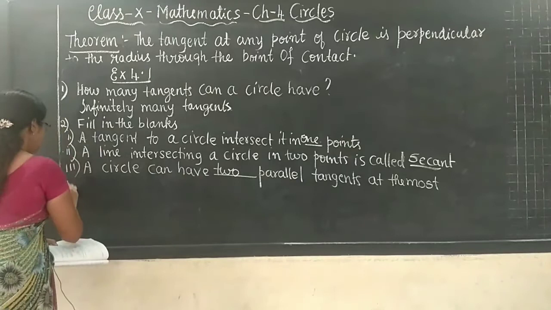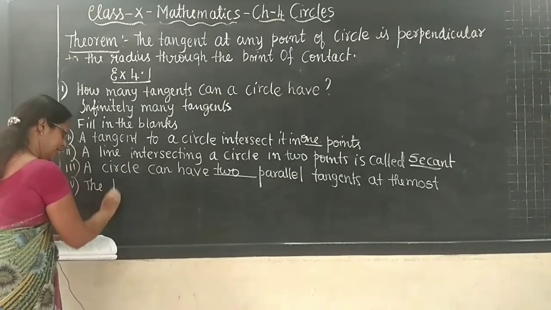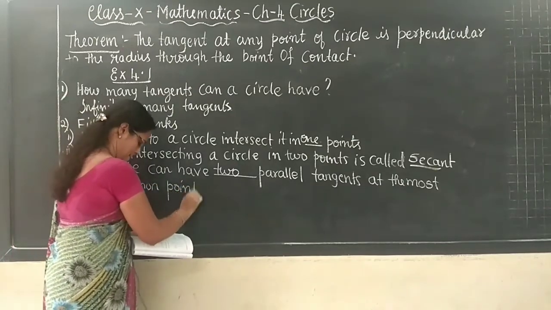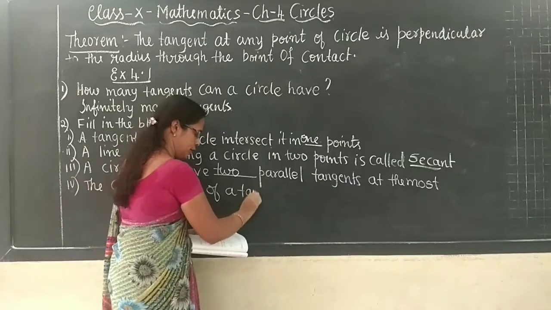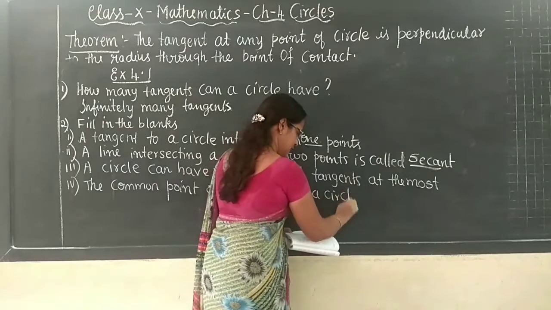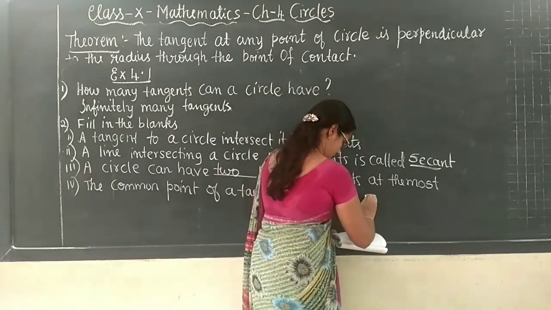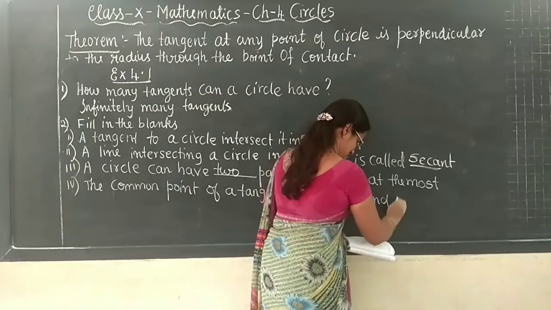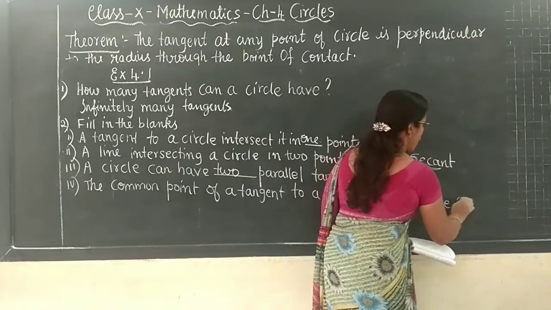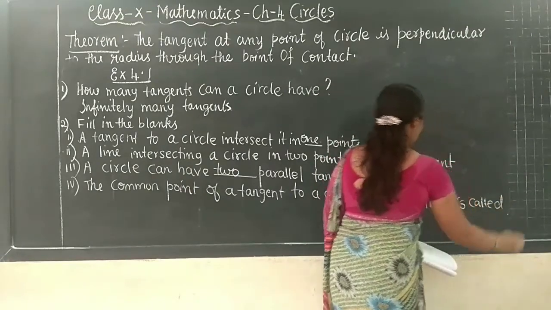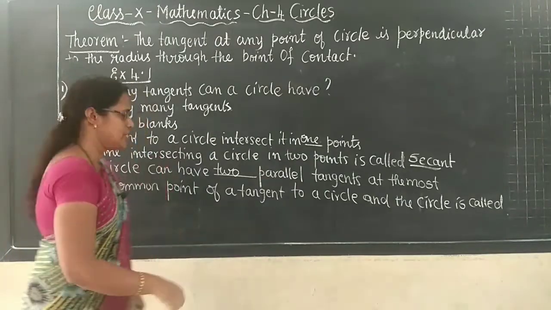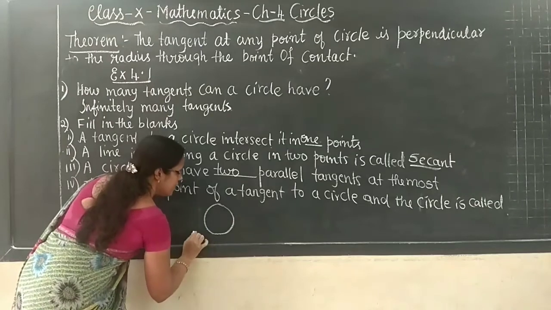The last question: the common point of a tangent to a circle and the circle is called what?